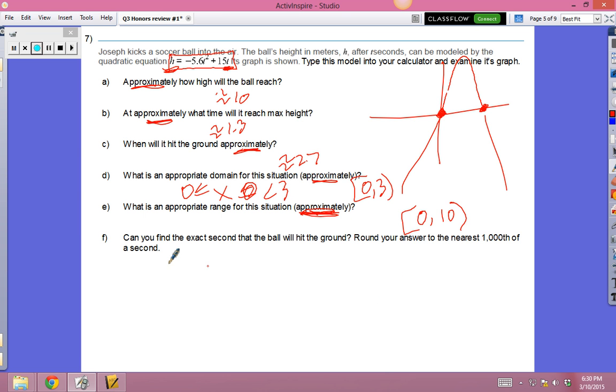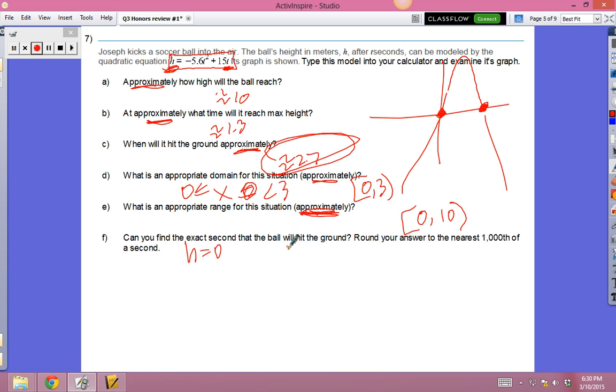Now, can you find the exact second that the ball is going to hit the ground? So we guessed from the graph that it's somewhere around 2.7. So for the exact answer, take this formula, it's quadratic, and let's solve it for h equals 0.